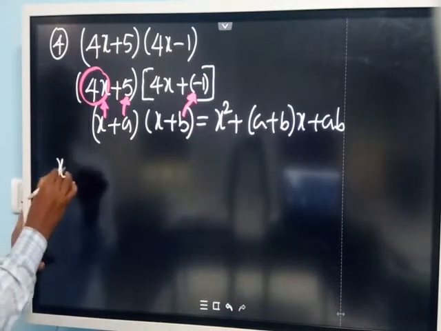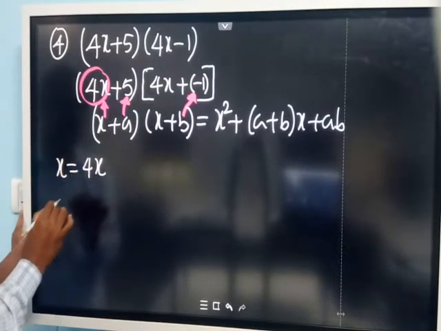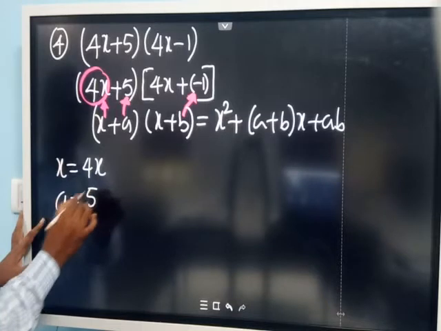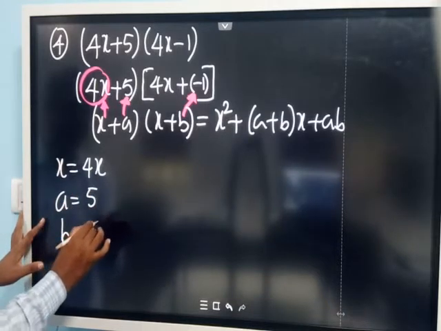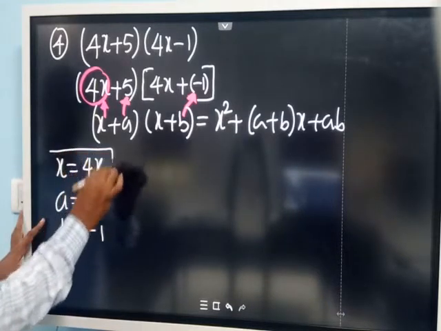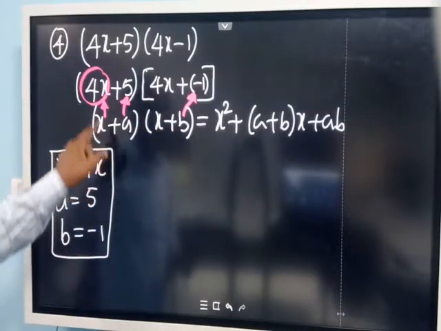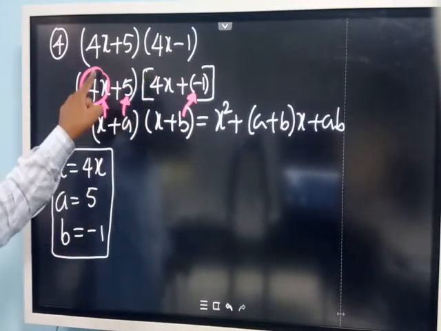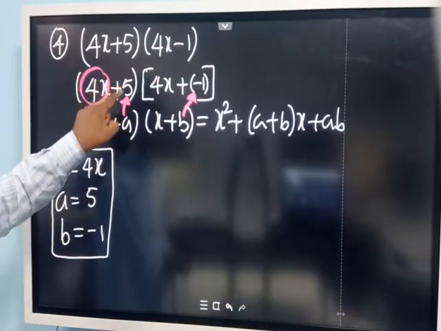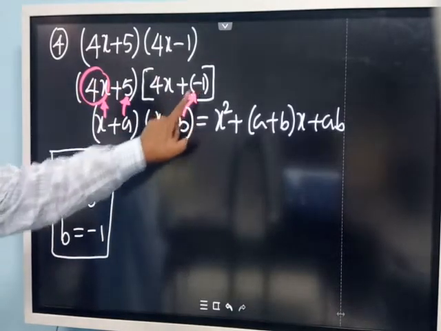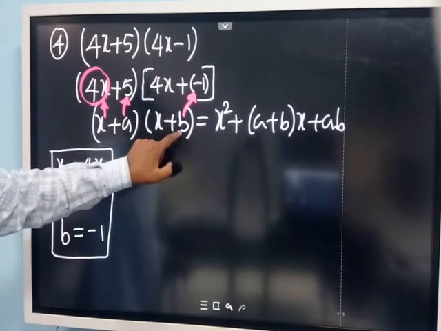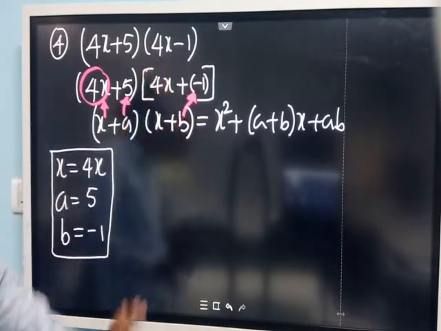So x is equal to 4x, a is equal to 5, b is equal to minus 1. So this you keep in mind and substitute that. Here also 4x, here also 4x. A value plus 5, b value minus 1.